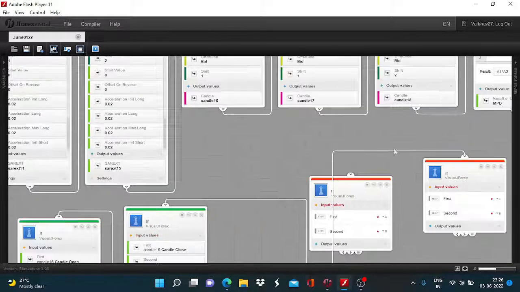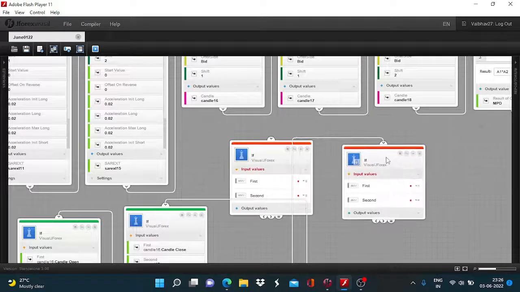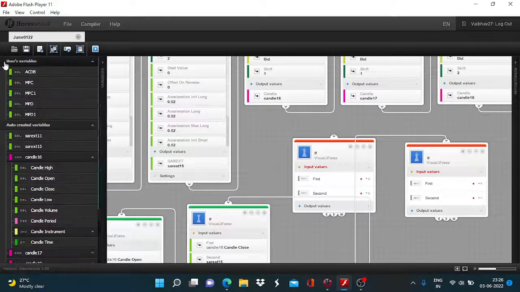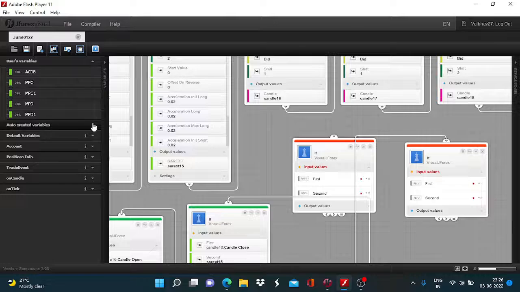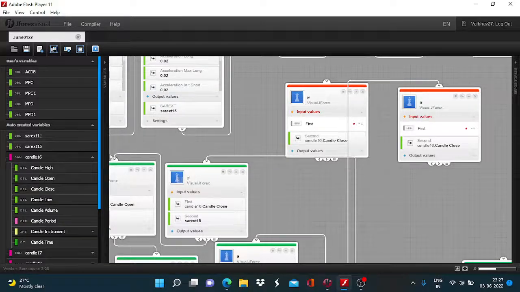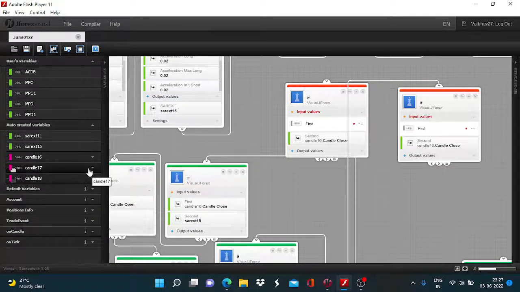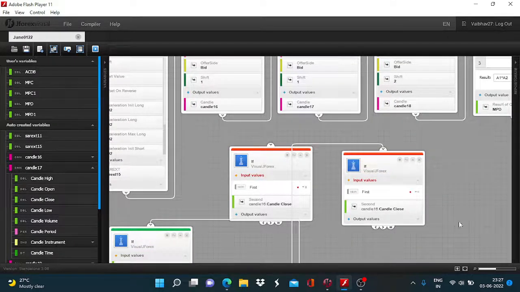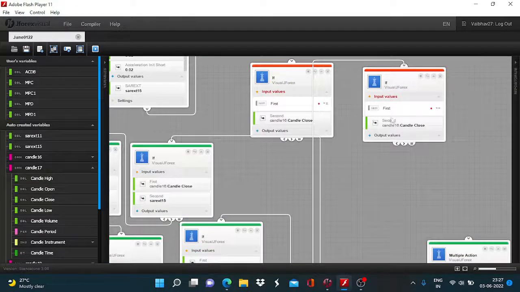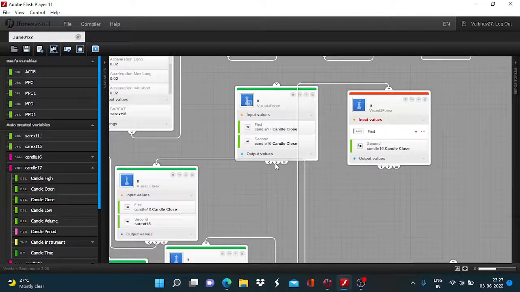So again we are going to need candle 16 candle close as the common input, and compare it with closing value of candle 17 and candle 18, which are 10-second candles with the look back period of 1 and 2 respectively. So we need candle 17 candle close to be greater. So first input greater than second input.